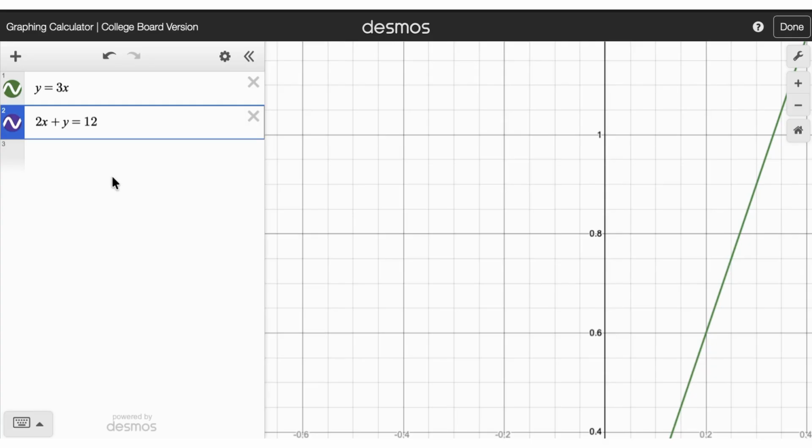Because usually the solution is when a certain point, an (x, y) point, is the same in both equations. And when it's the same, you would get the same point for those two equations, correct? Same point even in the graph of those two equations.